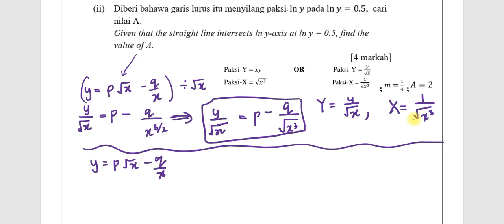Okay, another alternative to do, saya rasa method 1 jarang lah orang buat. Orang buat yang ni lagi senang kan. Kita darab dengan x. To get rid of this x, so dia akan jadi xy equals to p. Again, x is power 1, square root is power half. 1 plus half, dia akan jadi x power 3 over 2 minus q.